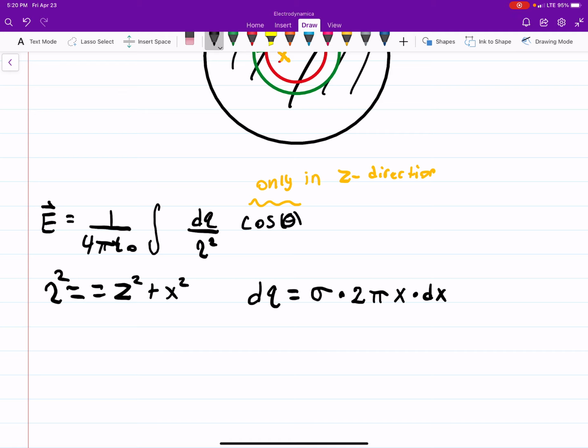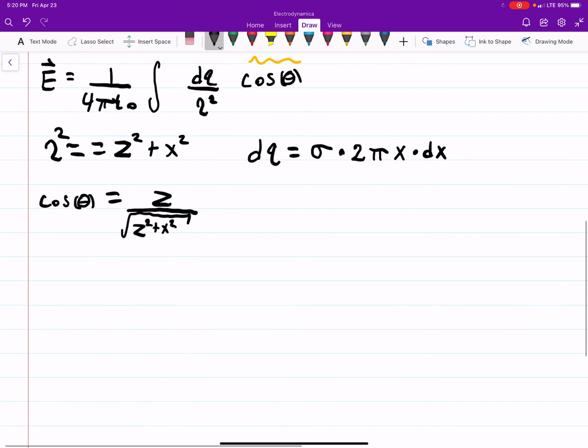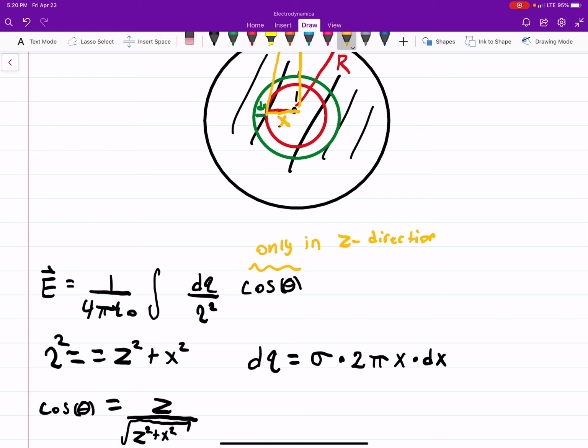So that is our dq, and then we need cosine theta, which, with some right triangle trig, is z over the square root of z squared plus x squared. Then we can plug all that in, and we get the E field is 1 over 4 pi epsilon naught, integrating from 0 to R. Again, we're integrating from this dot right here until we're at a distance R away.